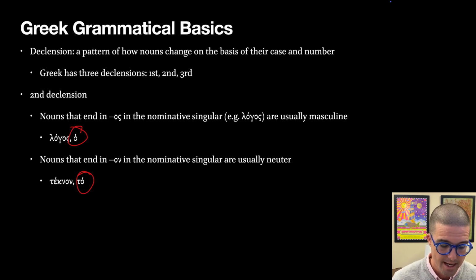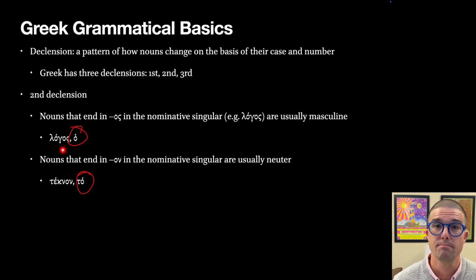But what this is indicating after the word itself is what gender the noun is. This is the masculine singular nominative of the definite article. Ho is the masculine singular nominative, whereas to is the neuter singular nominative. So the gender of the definite article that follows the word in a vocabulary list is indicating what gender it is.